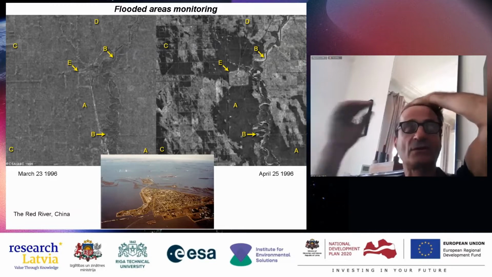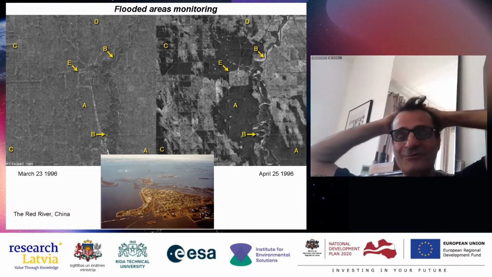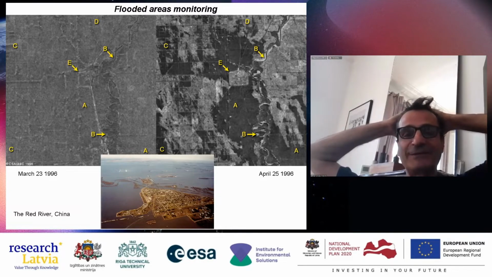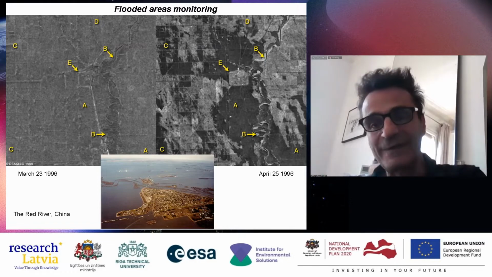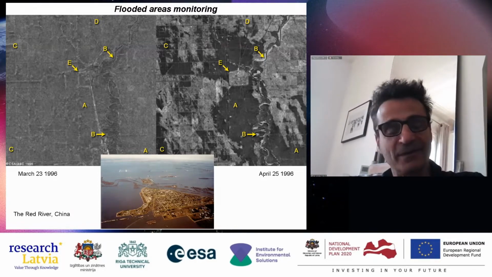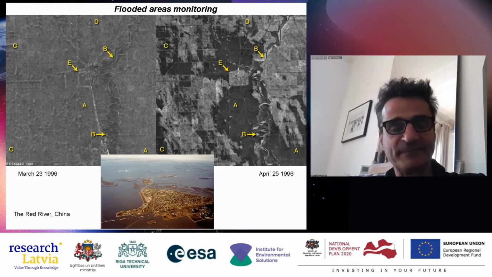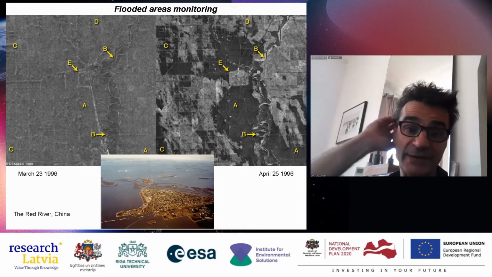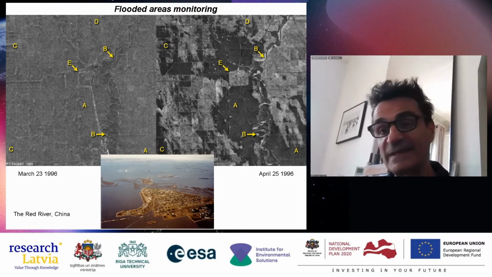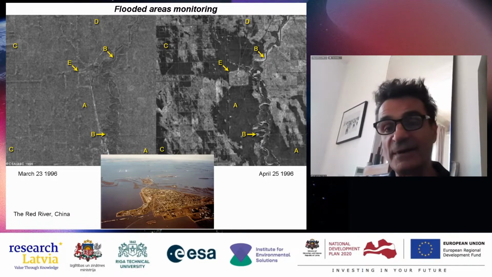It is very easy to monitor flooded areas with radar. Flooded areas occur when it's raining, so with optical data, you are really embarrassed. If you take radar, it's nice because you don't see the clouds and you can see the flooded areas.